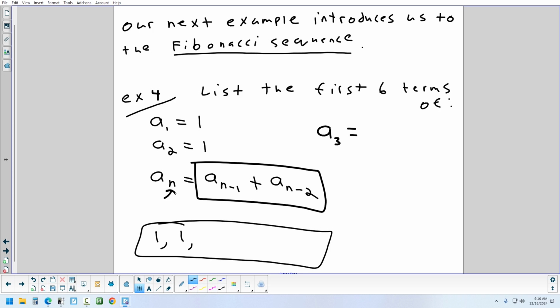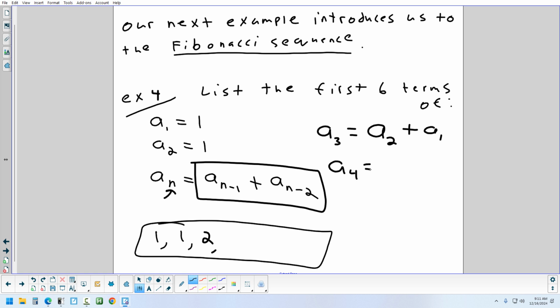A sub 3 equals A sub 2 plus A sub 1. So the third term is the second term plus the first term. Well, what's the second term plus the first term? 2. All right, let's see if we can get a formula for the fourth term.